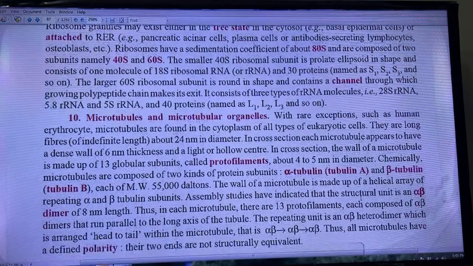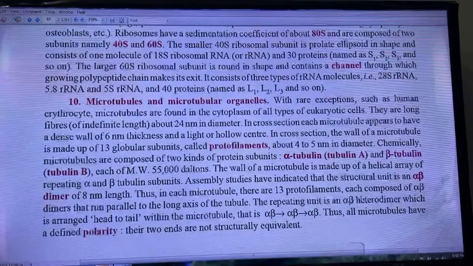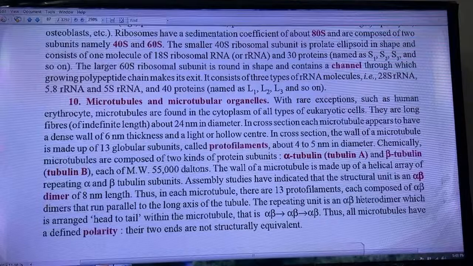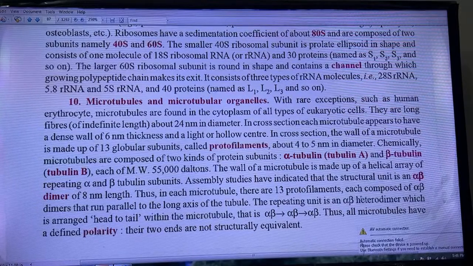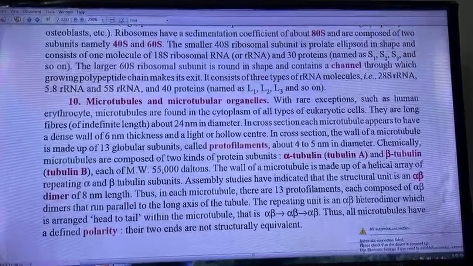Ribosomes have a sedimentation coefficient of about 80S and are composed of two subunits, namely 40S and 60S. The smaller 40S ribosomal subunit is prolate ellipsoid in shape and consists of one molecule of 18S ribosomal RNA, or rRNA, and 30 proteins named S1, S2, S3 and so on.